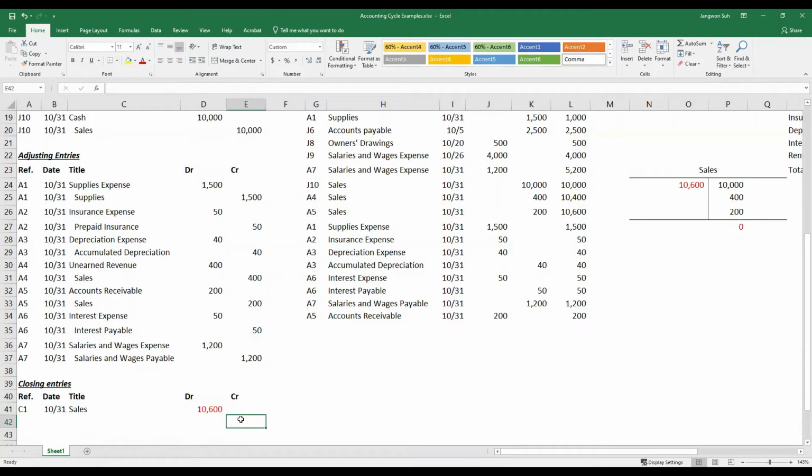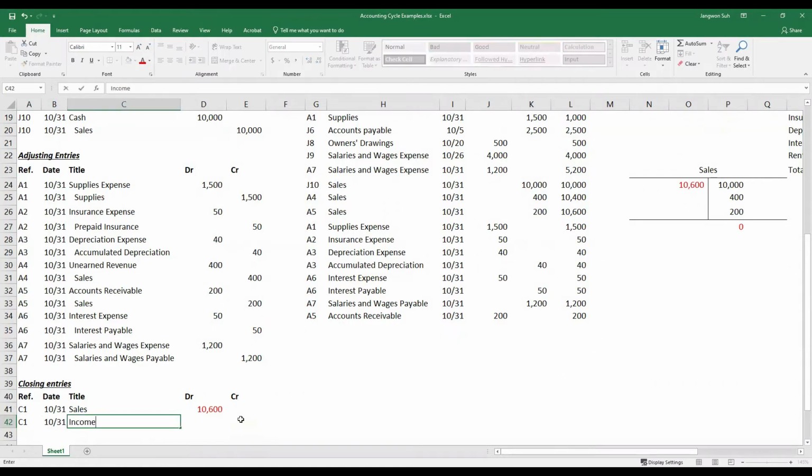Well, we don't have any other tools except for creating another temporary account that is for closing's sake. And let's title that closing temporary account as income summary.